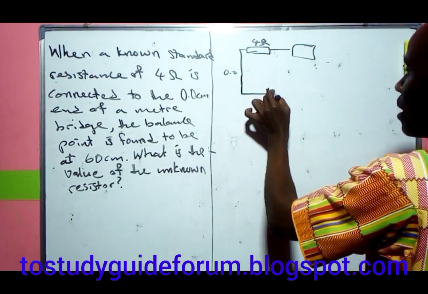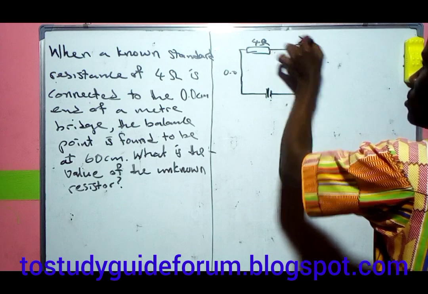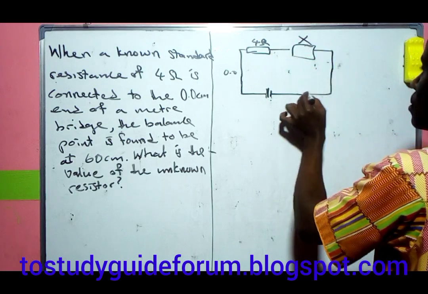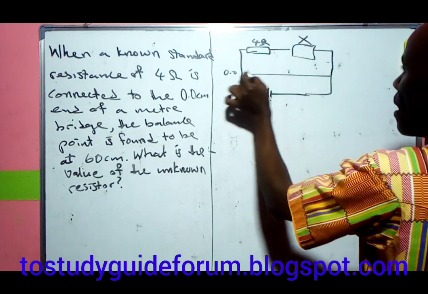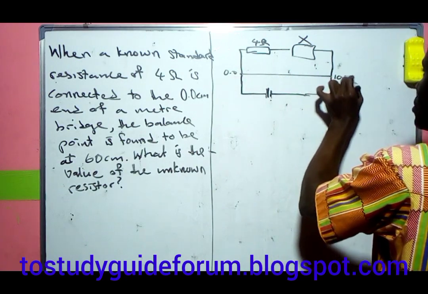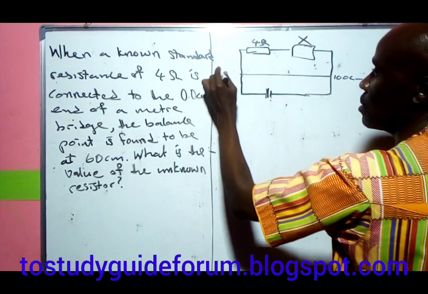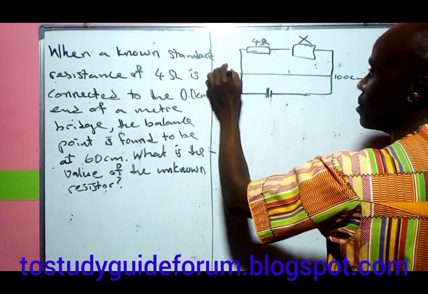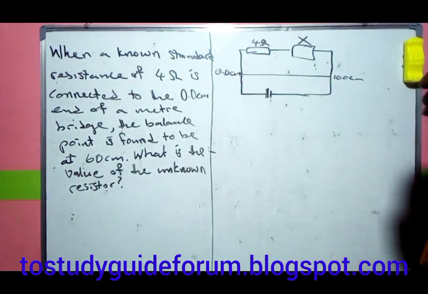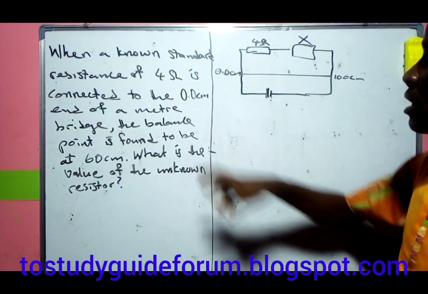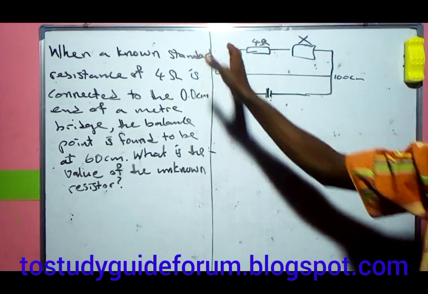Then we have this, the one we don't know, the unknown. This should be our 100 cm. According to the question, the standard resistor is connected to this end.